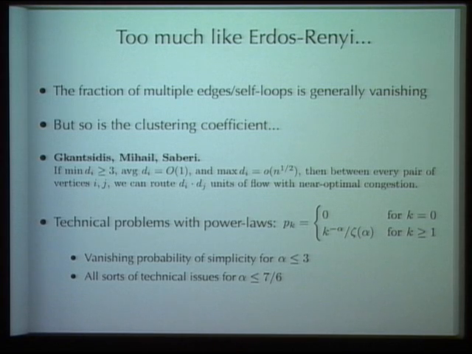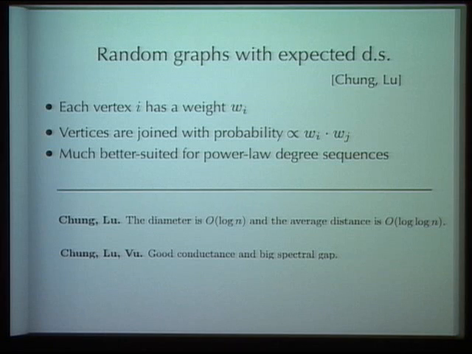One way to overcome this problem is via a model introduced by Chung and Lu, in which one works with random graphs with an expected degree sequence. So rather than demanding exactly the degree of each vertex, we assign each vertex a weight, or a potency, and then we say that vertices are joined with probability proportional to the product of their potencies. And this gets rid of a number of the technical restrictions for graphs on power law degree sequences.